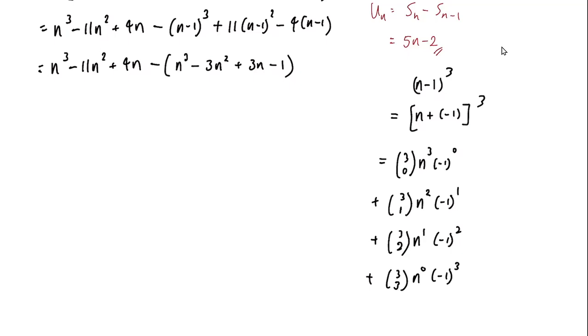Then what you should realize is that power 0 just becomes a 1. 3 choose 3 is 1. 3 choose 0 is also 1. Maybe you can actually key in all these values in the calculator if you really cannot memorize it.